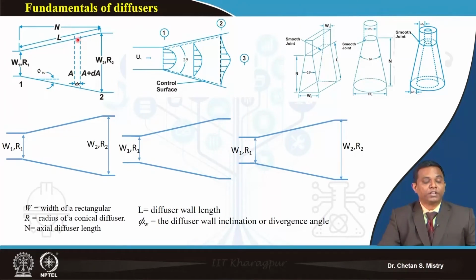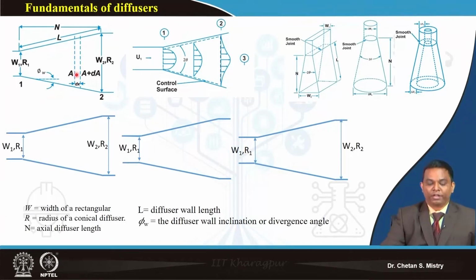Now this diffusing passage or diverging shape has a certain angle with the wall, which is defined as the diffuser angle. So this is my diffuser angle. Based on our fundamentals of fluid mechanics, suppose my flow entering the diffuser is a fully developed flow. This represents the profile of fully developed flow.